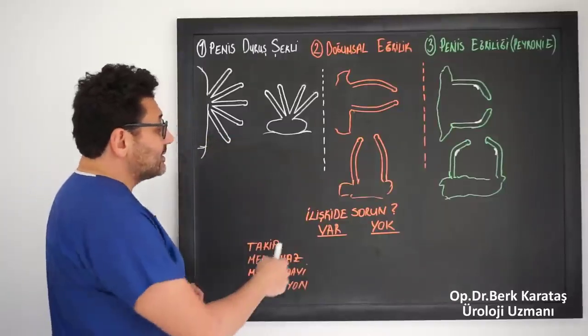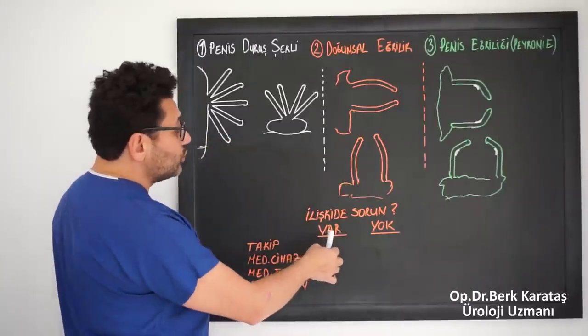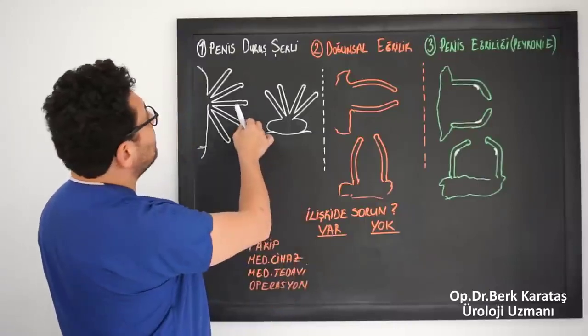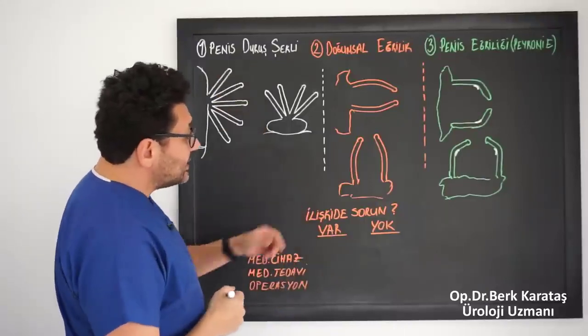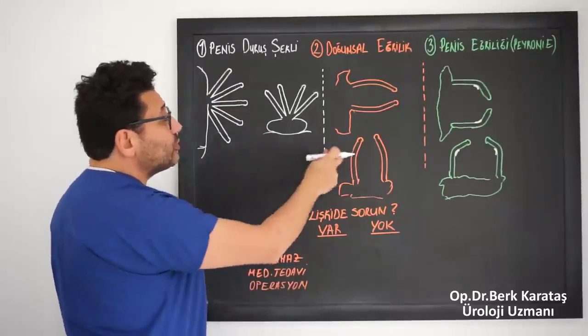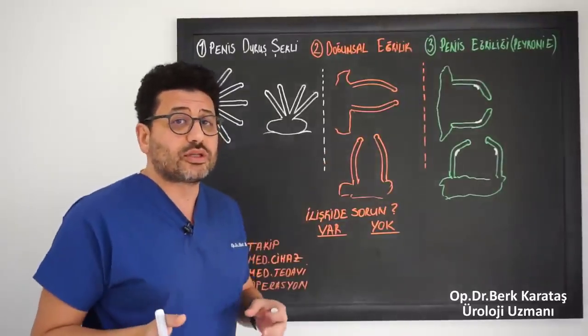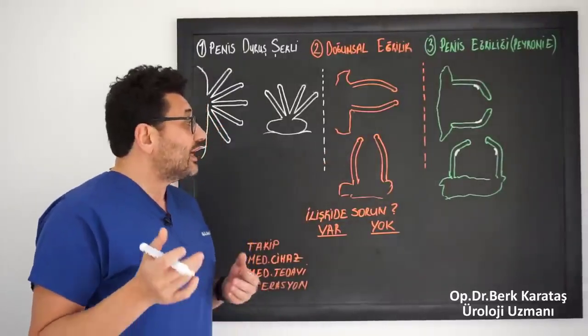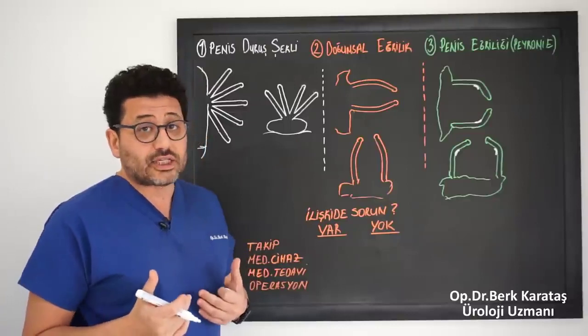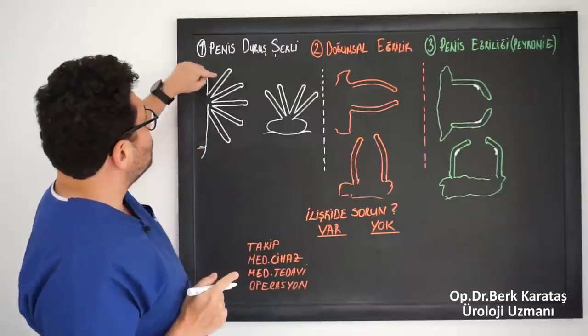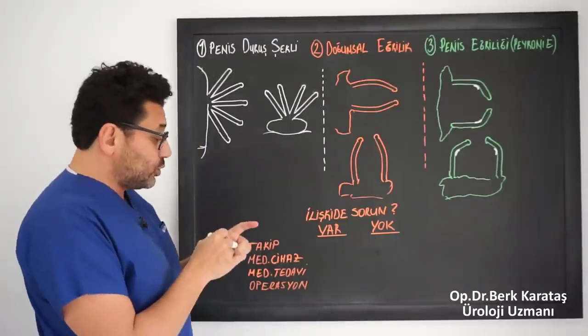Now, if there is no problem in the relationship, then at number 1 and 2 there is no problem. If it says there is, it should be approached with suspicion. It's just that sometimes the penis is too upright and can't go down.